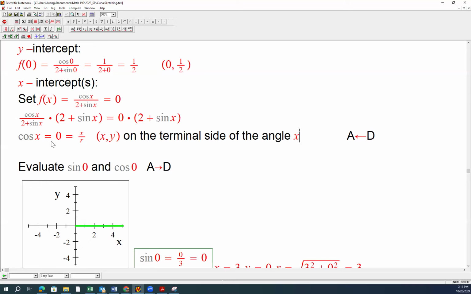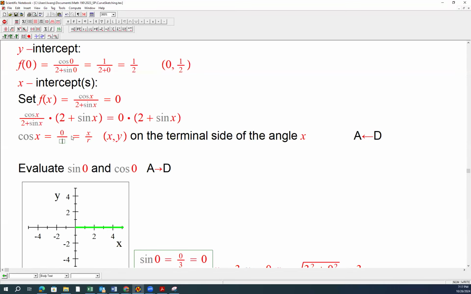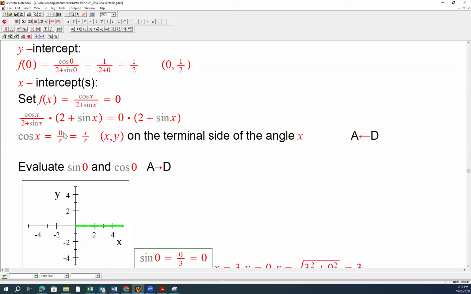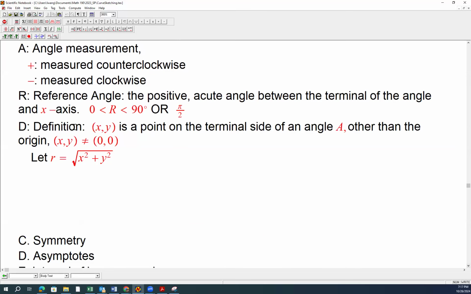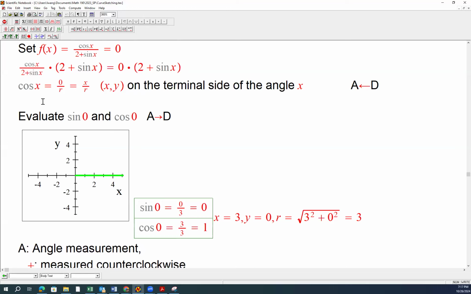Since r will never be 0, if we get a ratio equal to 0, that means r certainly cannot be 0. x has to be 0. From the definition, r cannot be 0, so x must be 0.